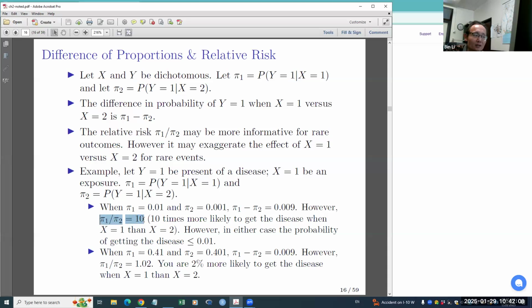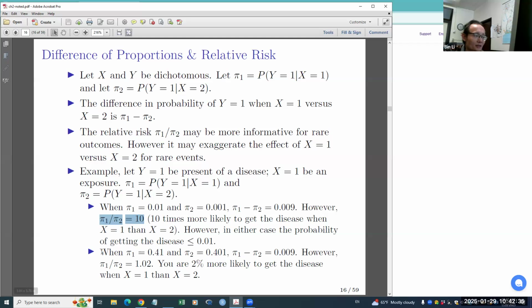That means the relative risk of getting that disease among the exposed group over the non-exposed group is 10 times.